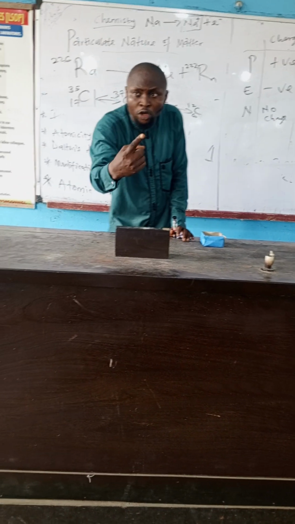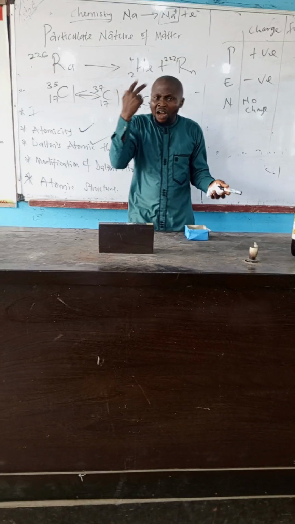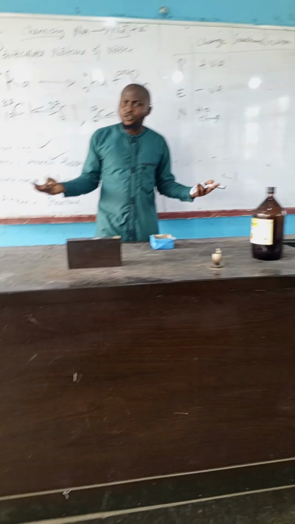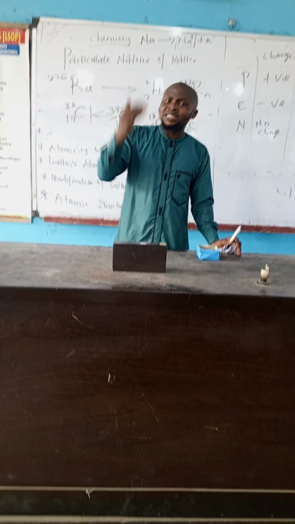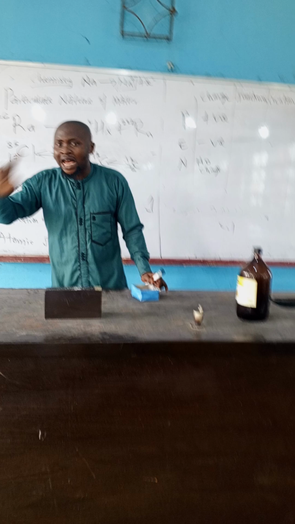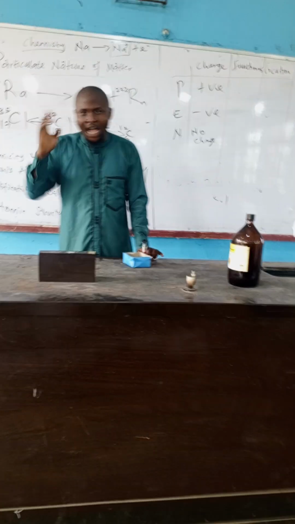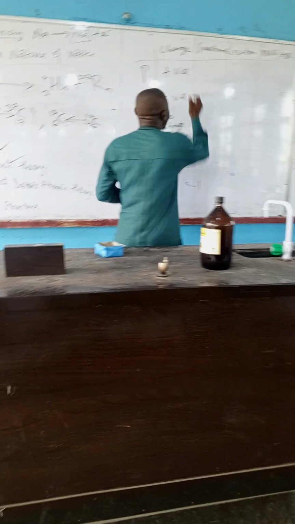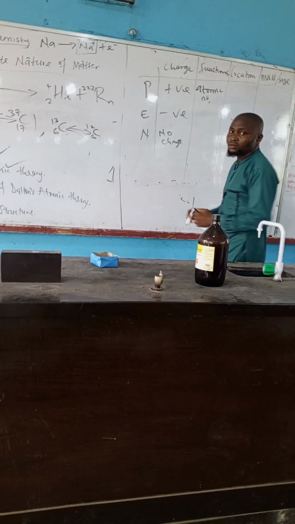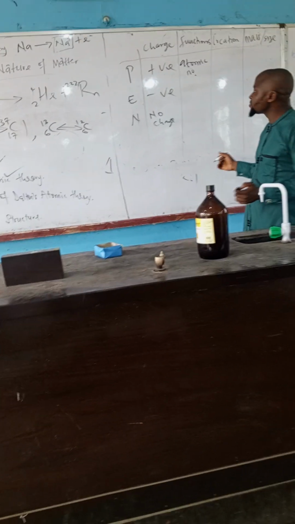If you have 1 proton, you are 1 year old. You have 2 protons, you are 2 years old. You have 3 protons, you are 3 years old. So an atom that has 1 proton has atomic number 1, hydrogen. So this gives us the atomic number and most times the physical properties.